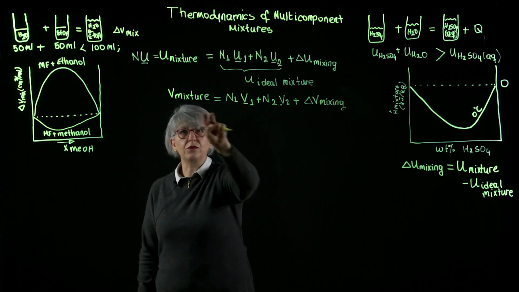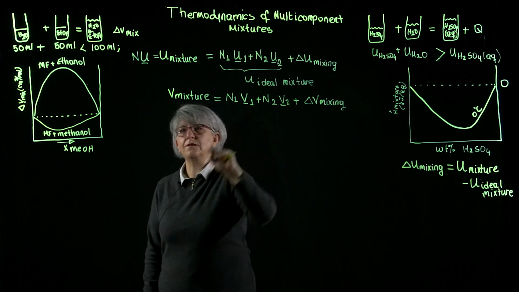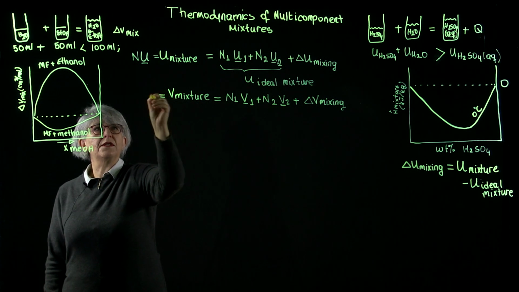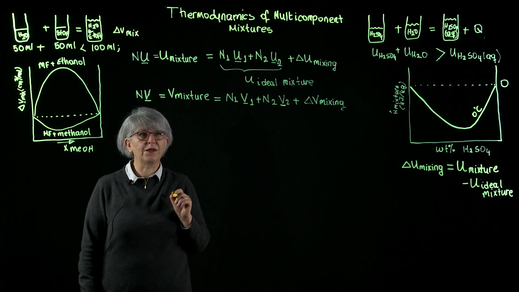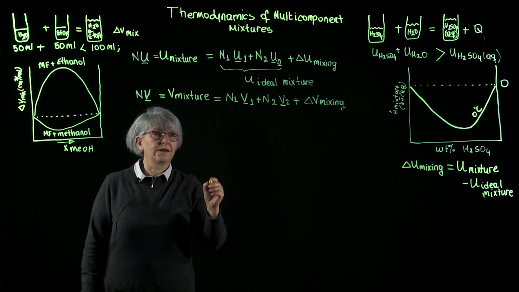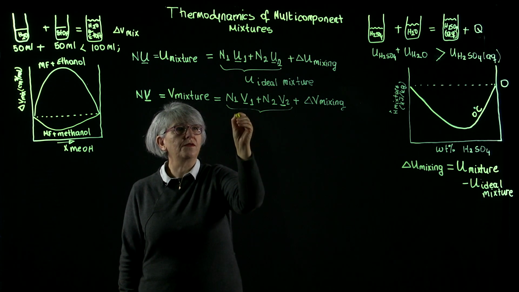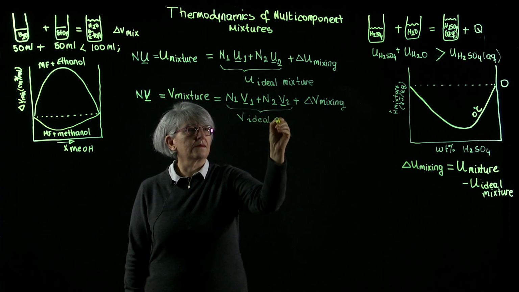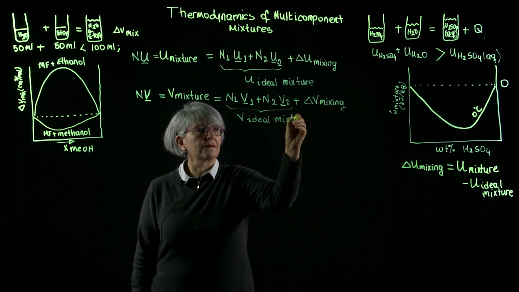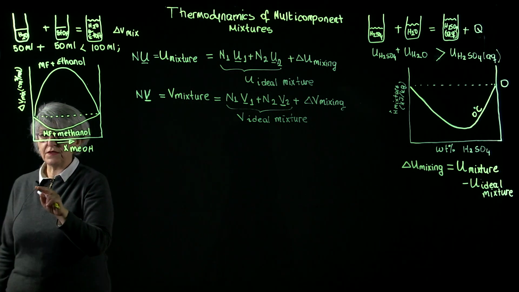Notice that these two are extensive and these two are intensive volumes. And of course, similarly, I can write this as N times the specific volume of the mixture. And this is going to be the specific volume of ideal mixture. So, a similar expression is written on the side of the board.